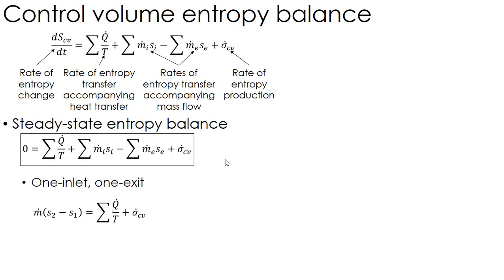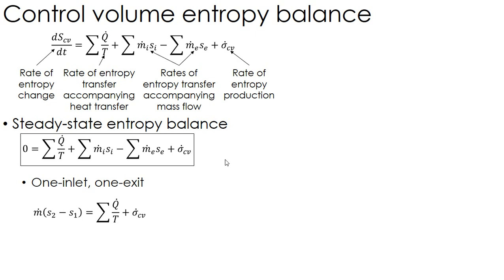Now, when I've got one inlet and one exit, this looks very much like what I had before, where I've got my mass flow times a change in entropy. Basically you just have one thing coming in and one thing going out, like in a single stage turbine, or heat transfer to a reservoir.